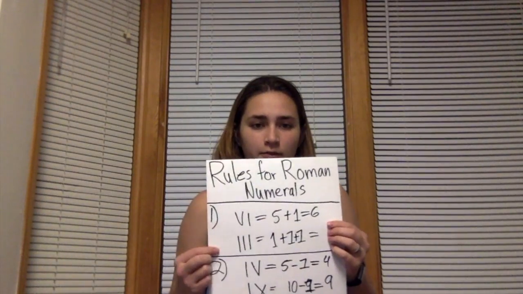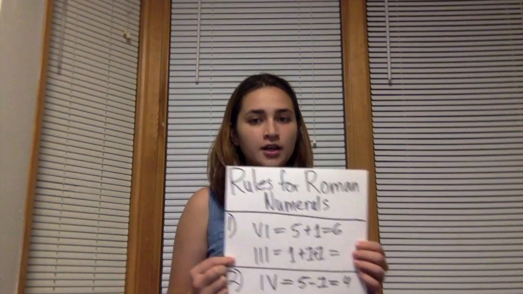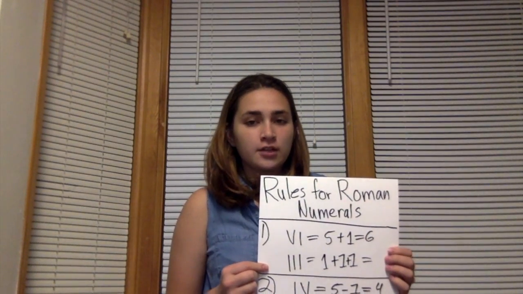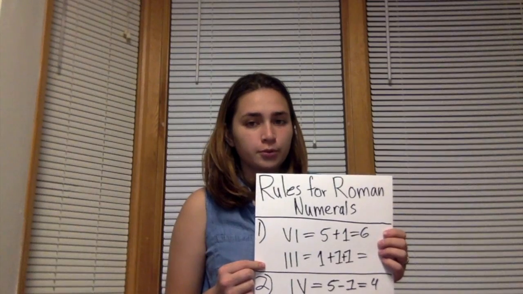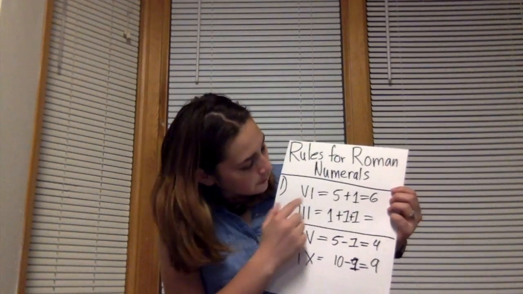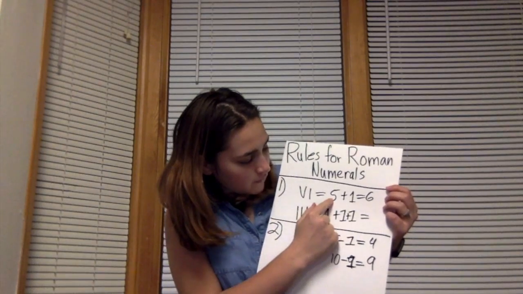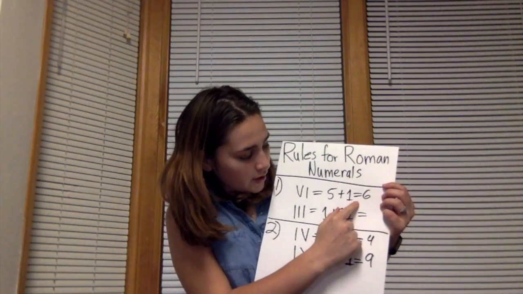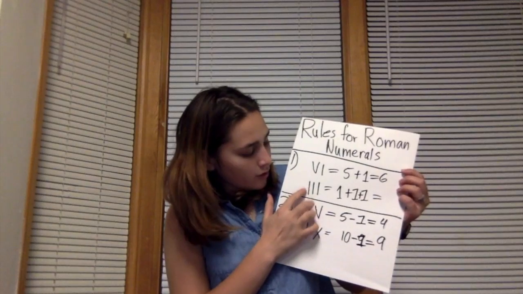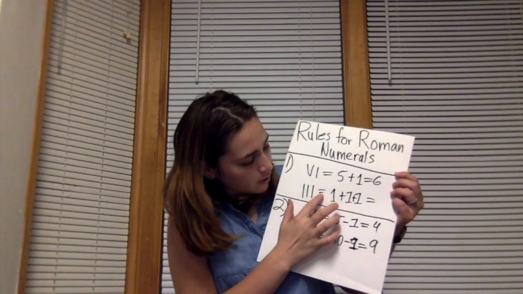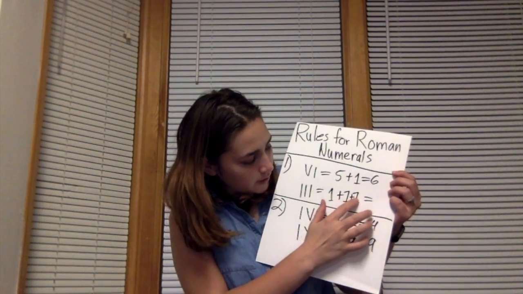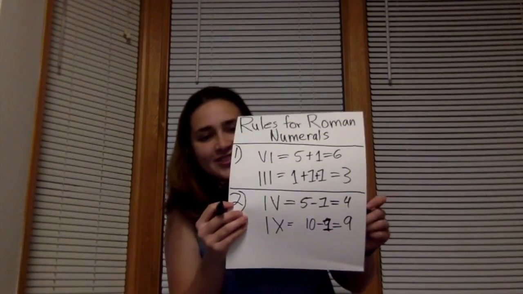Next up, we have the rules for Roman numerals. The first rule is, if a numeral is equal to or greater than the next numeral, add the two. For example, V plus I, 5 plus 1 equals 6. And then III, 1 plus 1 plus 1 equals, oops, I forgot to write it, 3.